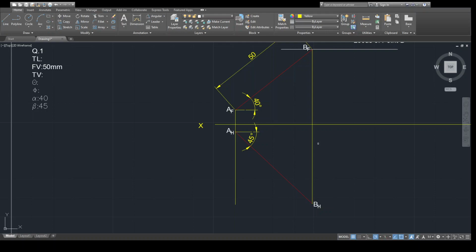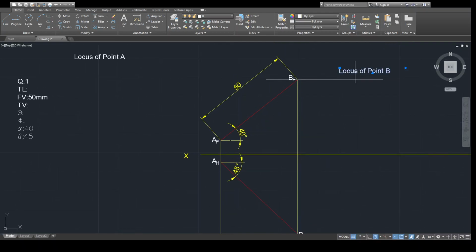Second case, AH, BH: beta angle 45 degree was given, so we have drawn a 45 degree line, but we didn't know the top view length. But we know the point BF, so we extended the projection from point BF, and this 45 degree line cuts here, so we have point BH. Now in both the views we have the locus of point B.